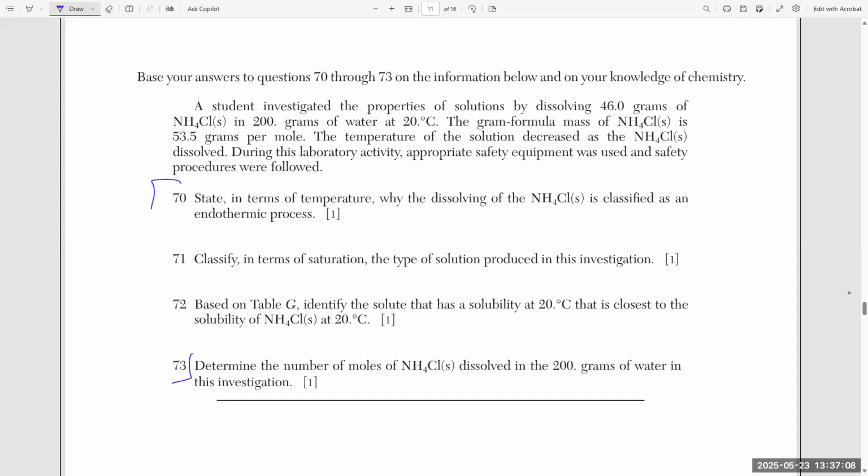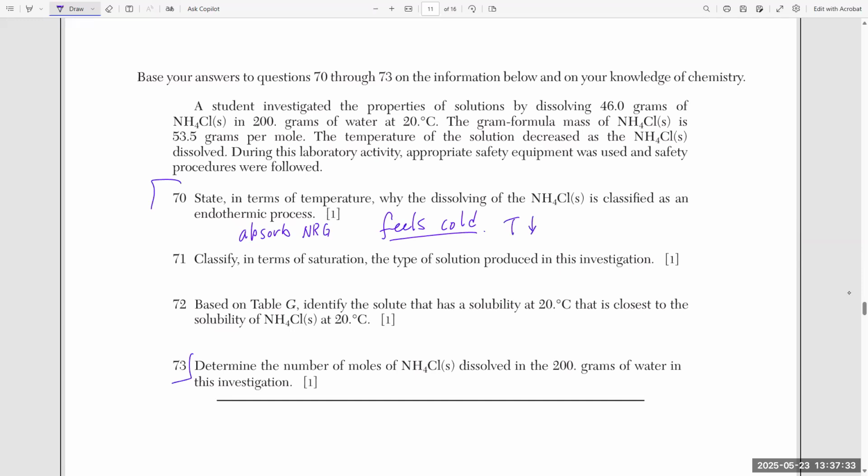Exothermic means what, kids? Releasing energy, right? So endothermic process means what? It's absorbing energy, right? If something absorbs energy from you, how does that feel? It feels cold. Because temperature went down.